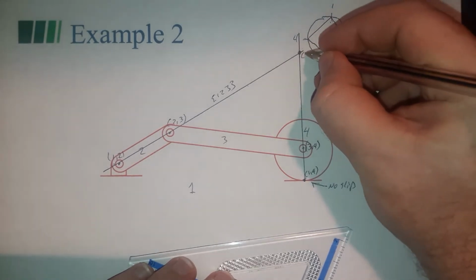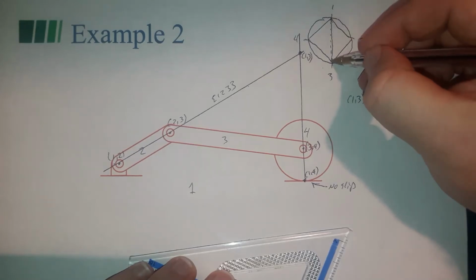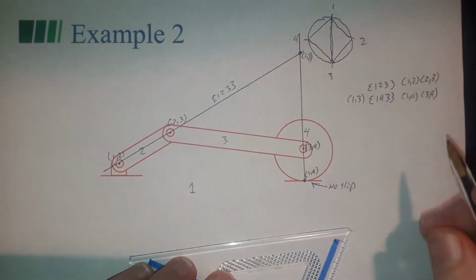So we have instant center 1, 3 right there, and we can make that line solid.